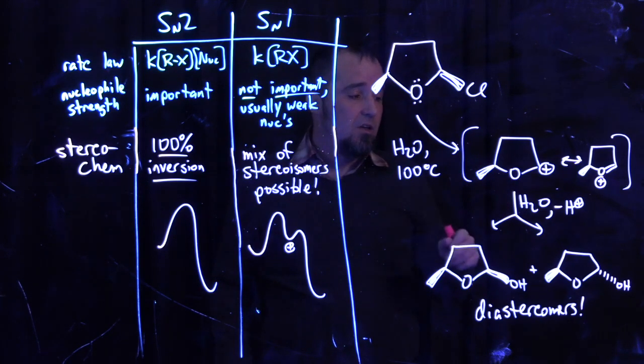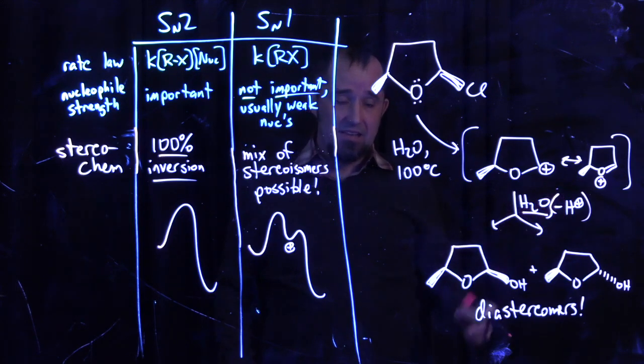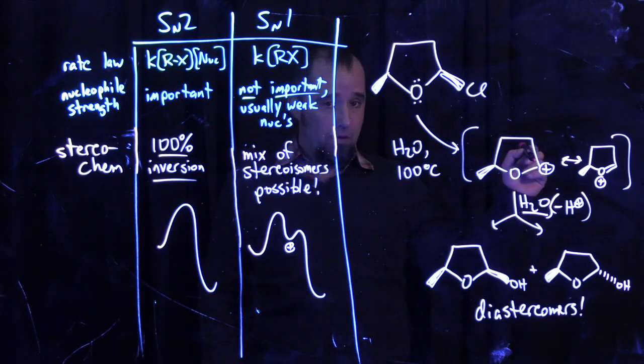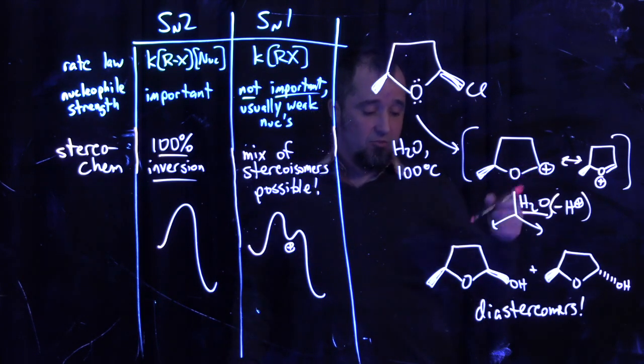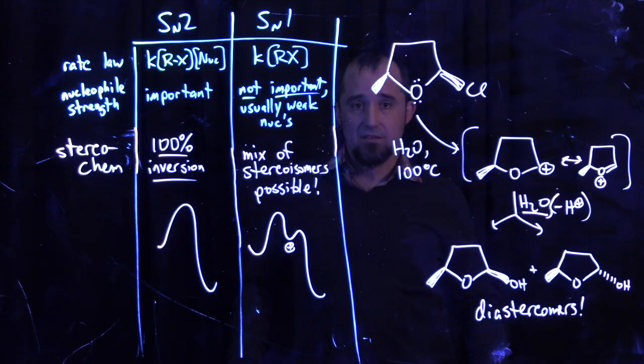It wouldn't. When this thing reacts with water, it's going to lose an acid proton after that, so I'm going to make an alcohol. As I said before, I can imagine my nucleophile attacking from either above this thing or below it. And so, if this is flat, I'm going to get some mixture of these two things.